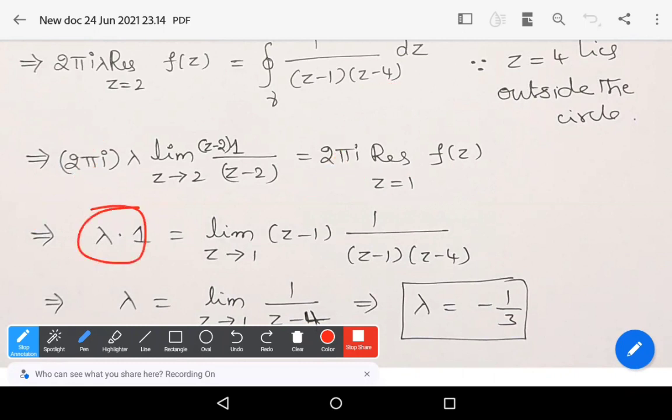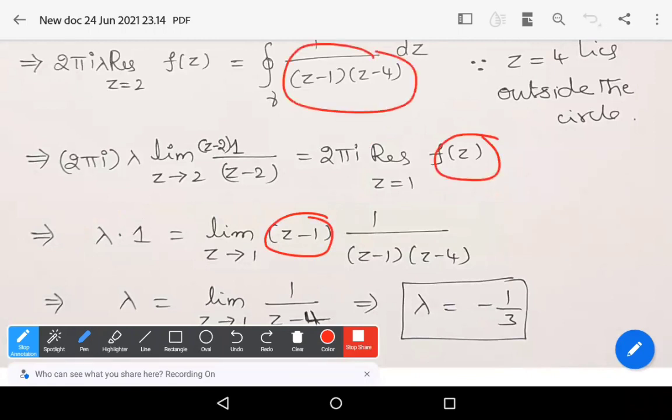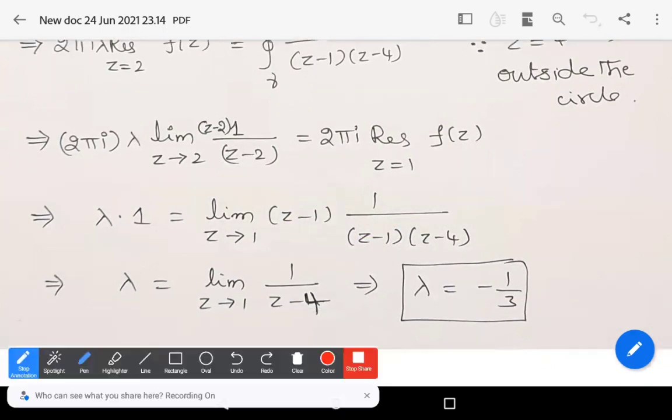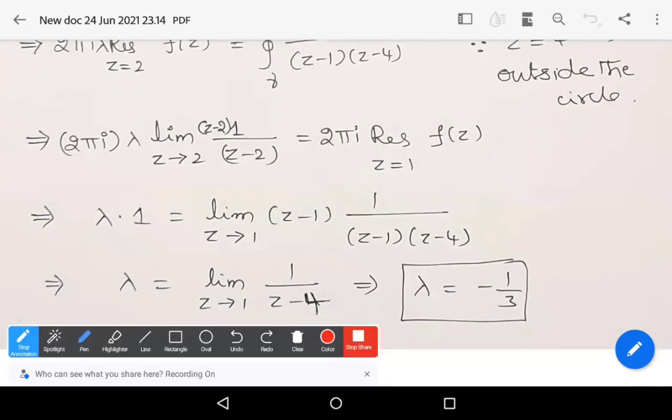So lambda into 1 is equal to the residue of f of z at z equals 1, which is the limit z tends to 1 of z minus 1 times f of z. Here f of z is the fraction 1 by z minus 1 into z minus 4. So z minus 1 gets cancelled. By applying limit z tends to 1 of 1 by z minus 4, we get 1 by 1 minus 4. So lambda is equal to minus 1 by 3.